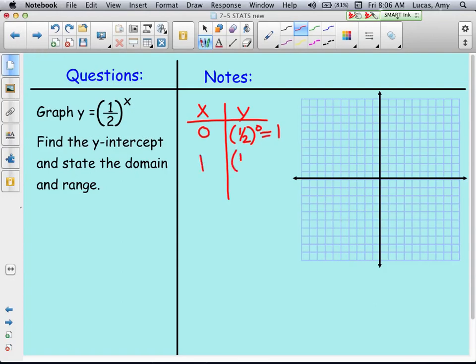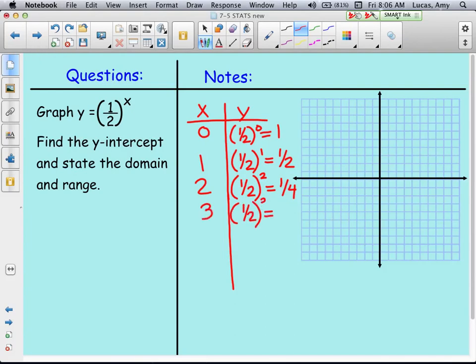Next I put in 1, 1/2 to the first power is 1/2. 1/2 to the second power, 1/2 times 1/2 is 1/4. 1/2 to the third power, 1/2 times 1/2 times 1/2 would be 1/8. And then if I try some negatives, remember that the negative exponent means a reciprocal. So that means that I'm going to flip this over. 2 over 1 is just 2.